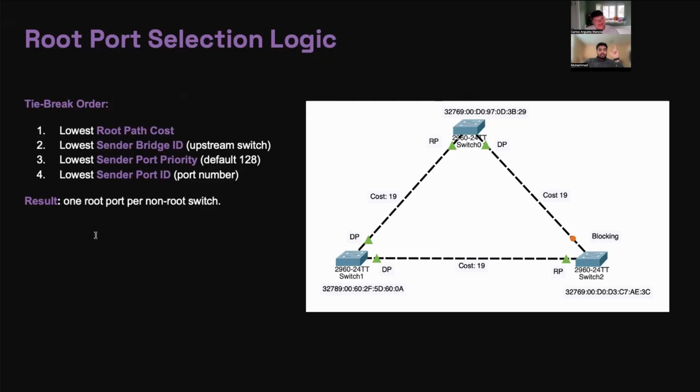You will go with that. Then you will go with the lowest bridge ID. Then you will go with the lowest port priority, which you can again change. The default is 128, and then the lowest port ID. And then again, the result is going to be one root port per non-root switch. So if you look at our topology, we have one root port per non-root switch.